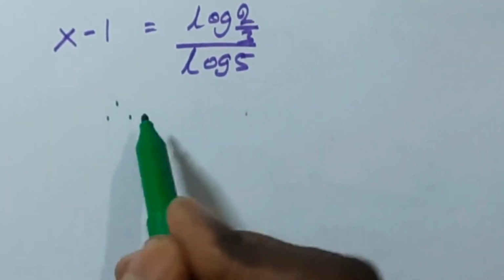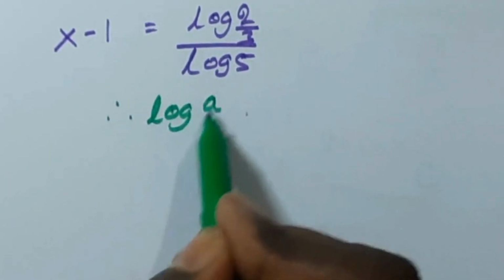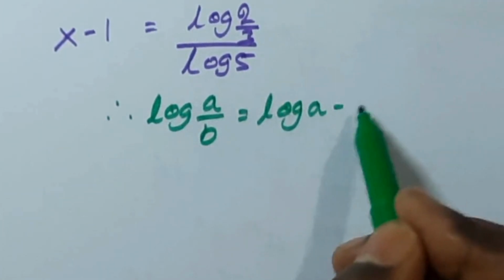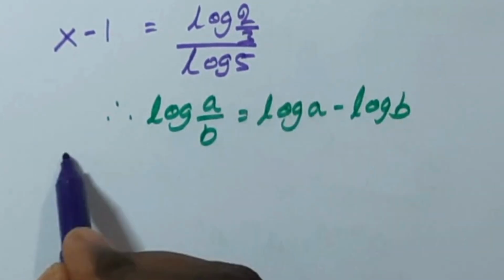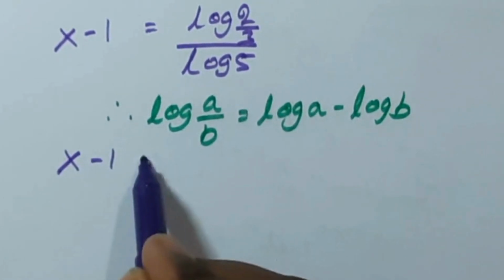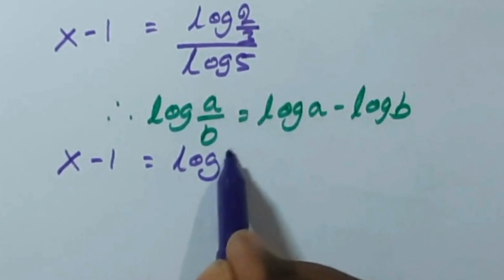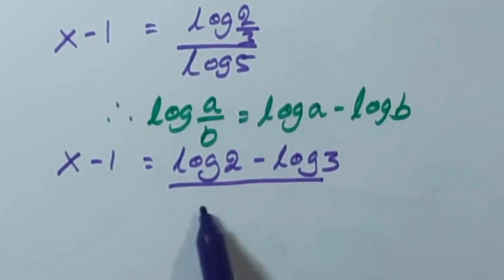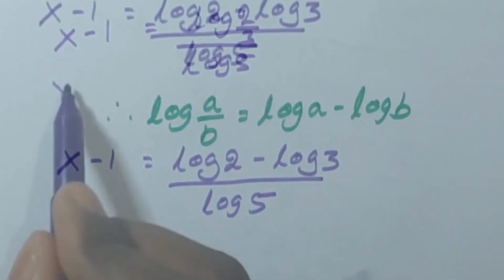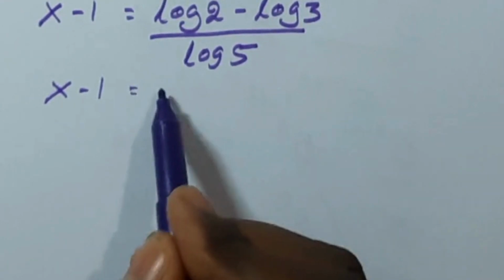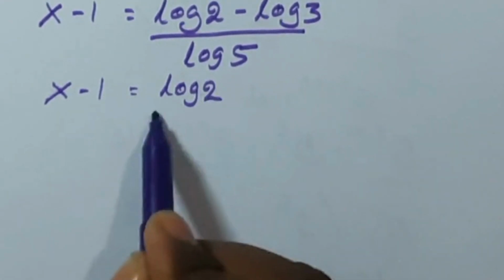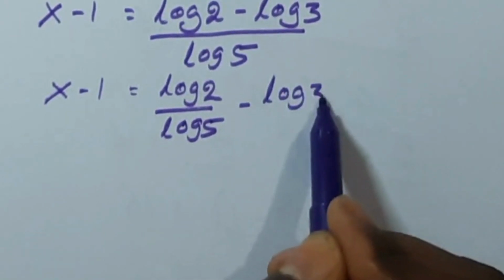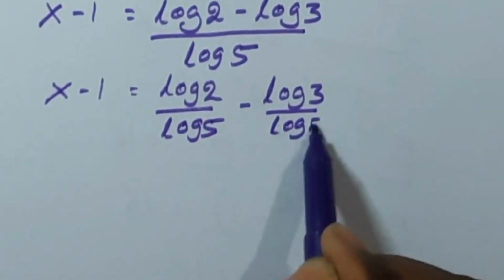We are going to implement this formula. Log a by b equal to log a minus log b. We have x minus 1 equal to log 2 minus log 3 by log 5. X minus 1 equal to log 2 by log 5 minus log 3 by log 5.